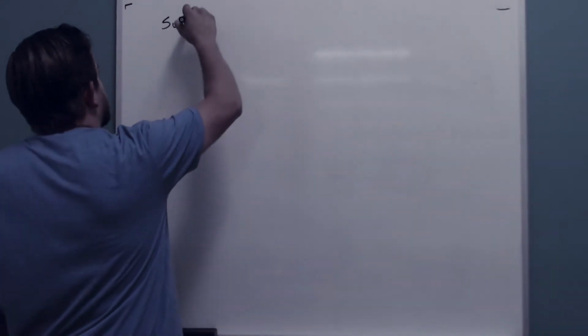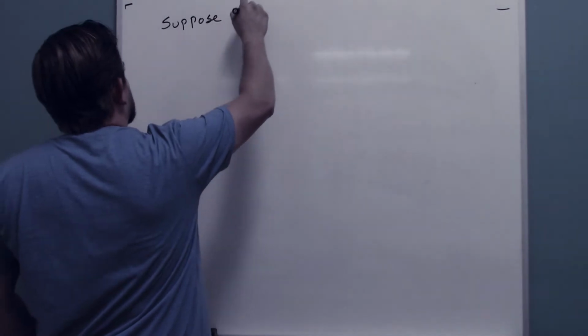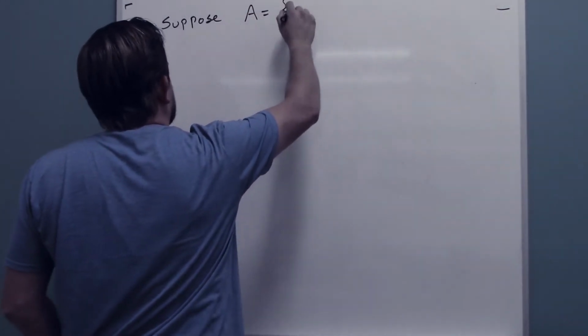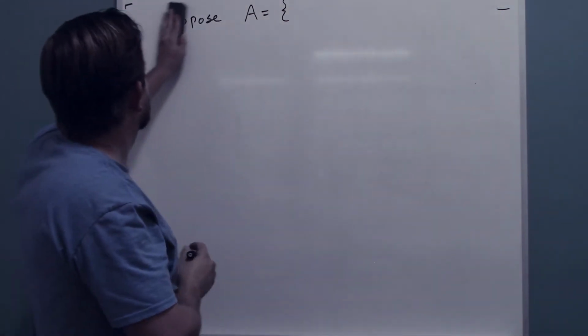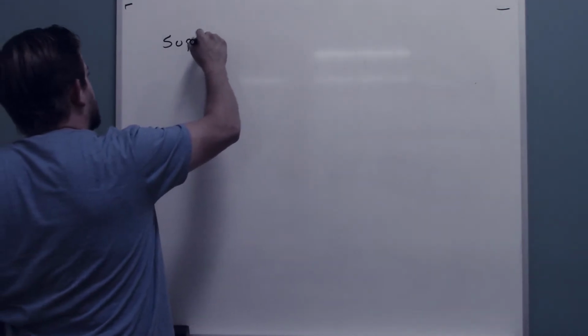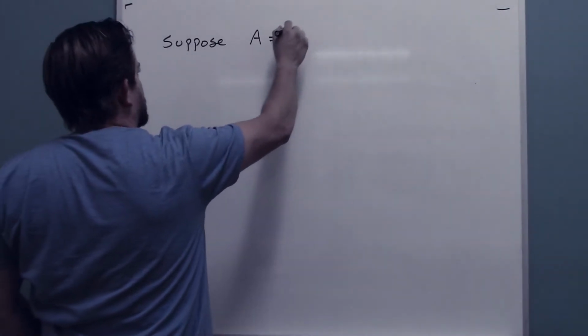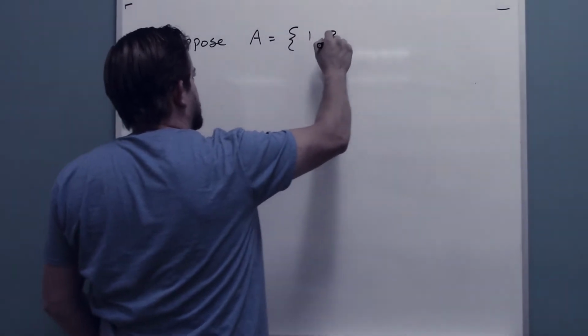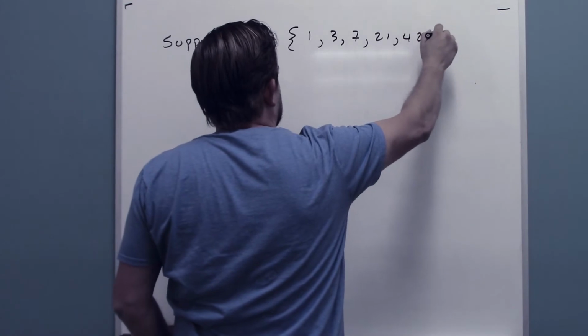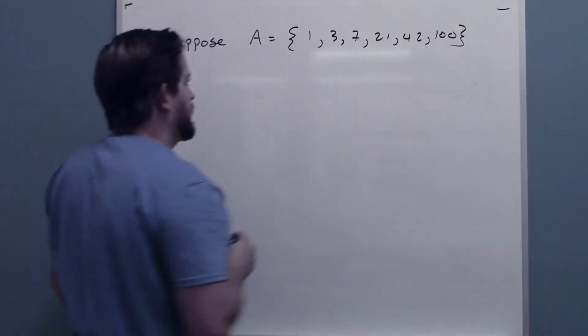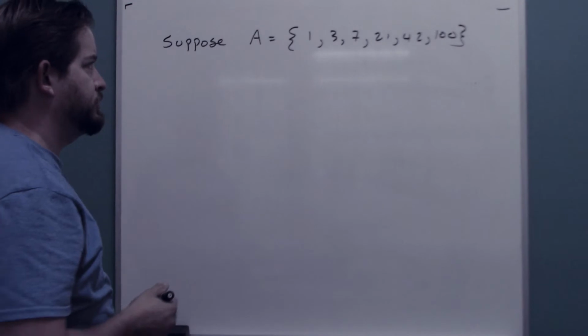Suppose we have two sets. A is one of these sets, containing 1, 3, 7, 21, 42, and 100.